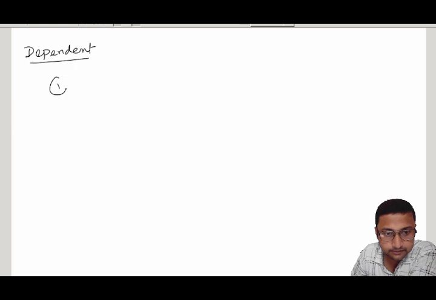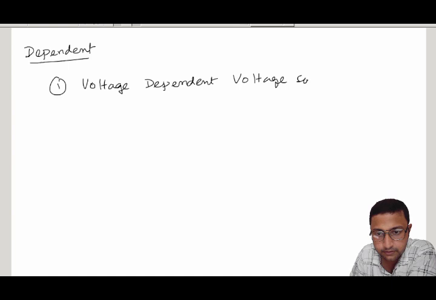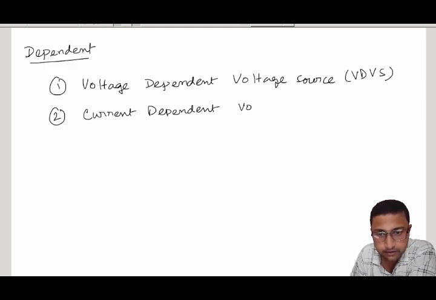The first one is the voltage dependent voltage source, also known as VDVS. The second one is the current dependent voltage source, CDVS.